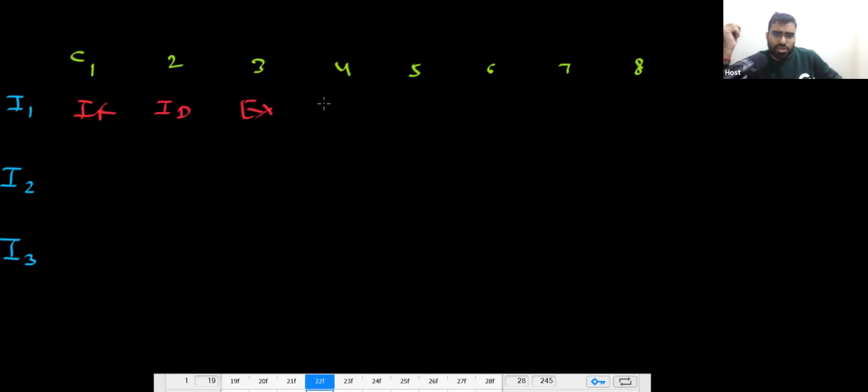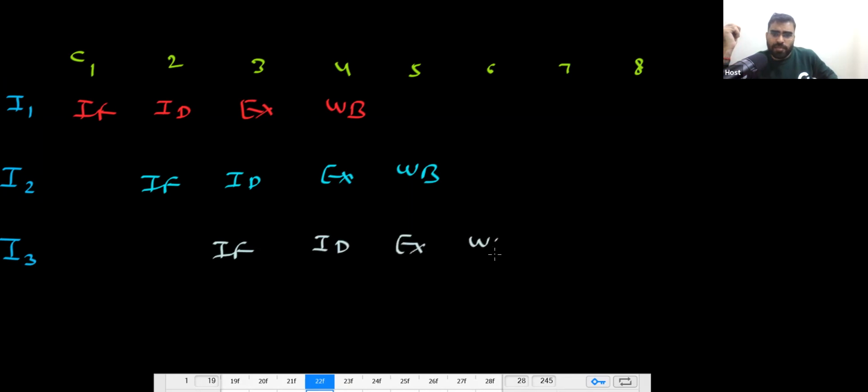So here is what I'm going to do. You have cycles C1, C2, C3, C4, 5, 6, 7, 8, and these are your instructions I1, I2, I3. I1 is writing into R. Each instruction goes through instruction fetch, decode, execute, and write back.